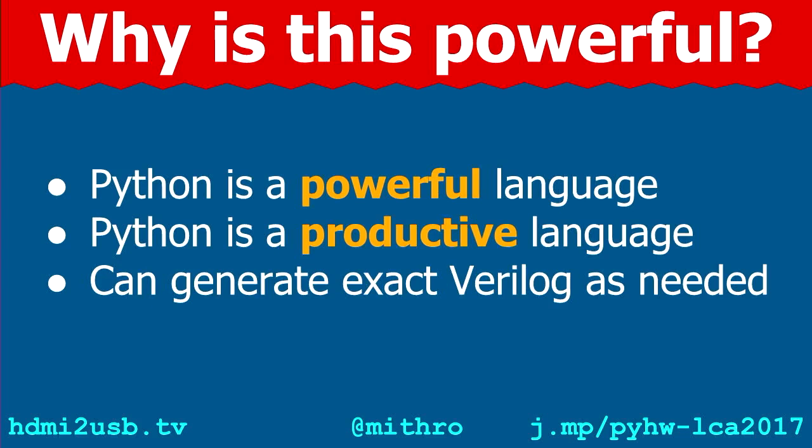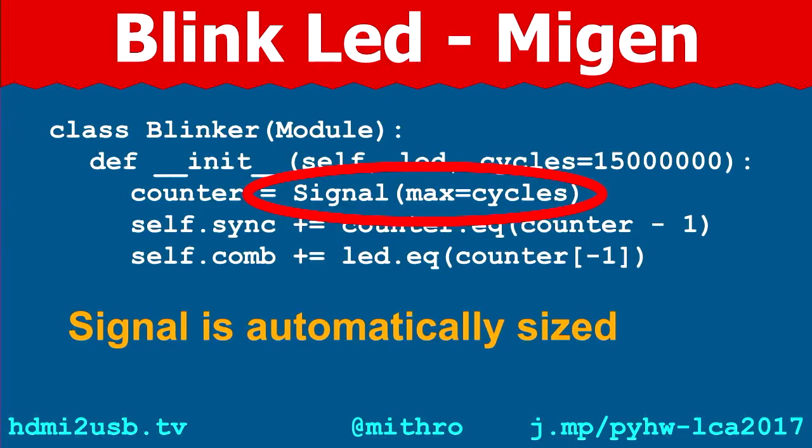And the reason I think this is better than the Verilog equivalent, which is about the same amount of lines, is because we're using Python, and Python is a powerful, productive language and can do things that are much harder in Verilog. Like this thing here. We define our counter to be big enough to fit our max cycles value.